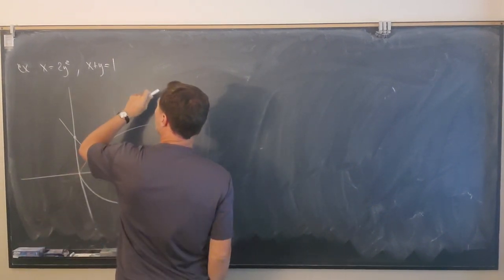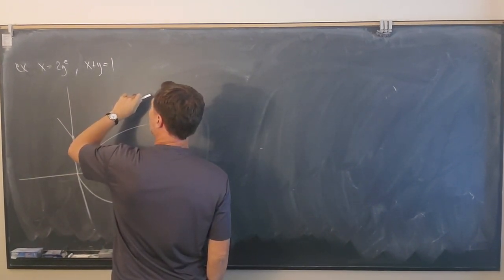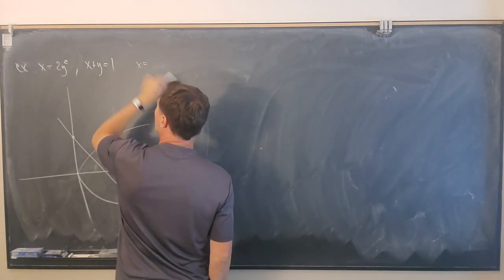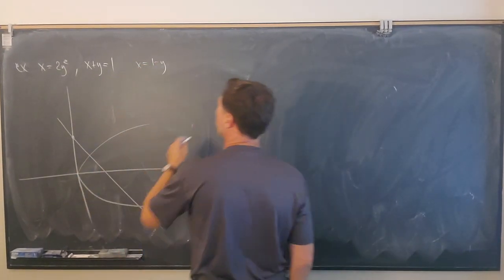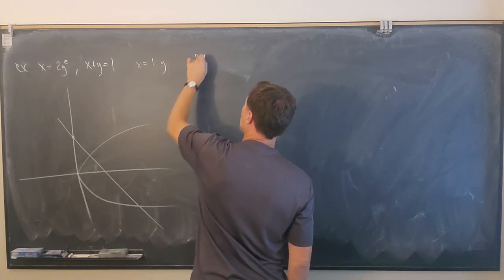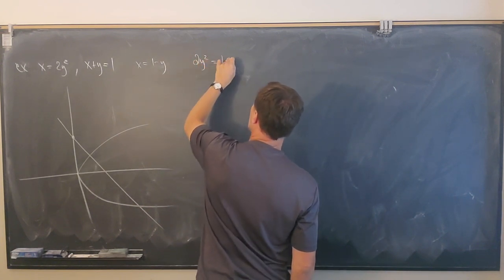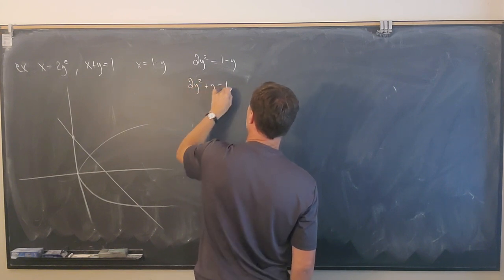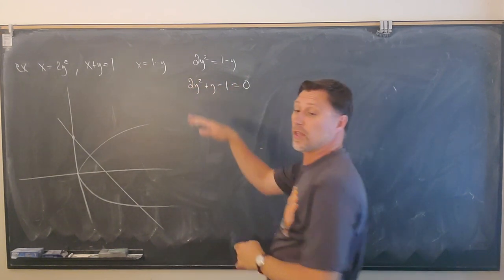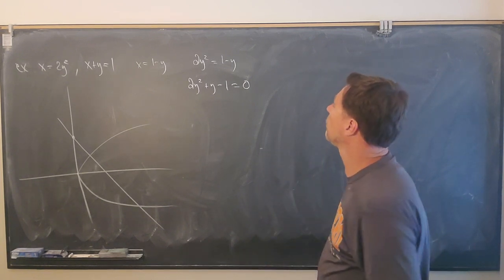So if I solve here, this is x equals 1 minus y, and I'm going to set them equal to each other. So we get 2y squared equals 1 minus y. 2y squared plus y minus 1 equals 0. Just got everything over on the left-hand side of the equation.